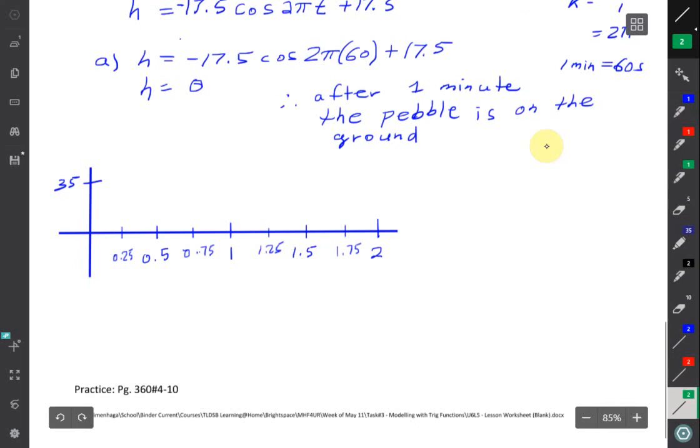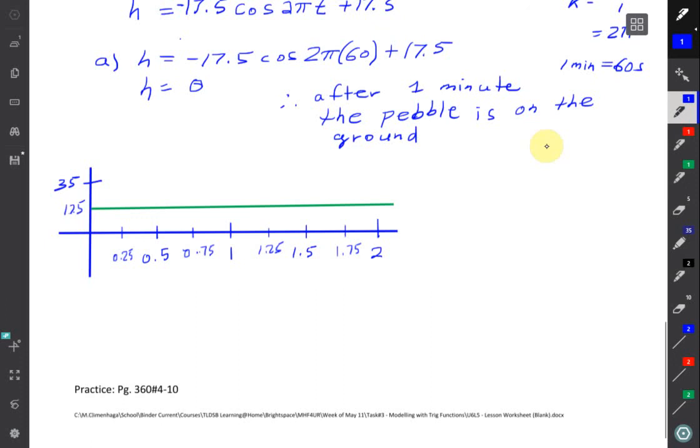And I'll add my axis in halfway, 17.5, and this is T, and this is H. The pebble starts on the ground, next quarter axis, next quarter maximum, next quarter axis, next quarter a minimum, and then we're going to carry on next quarter axis, next quarter maximum, next quarter axis, and finally back to the minimum again.